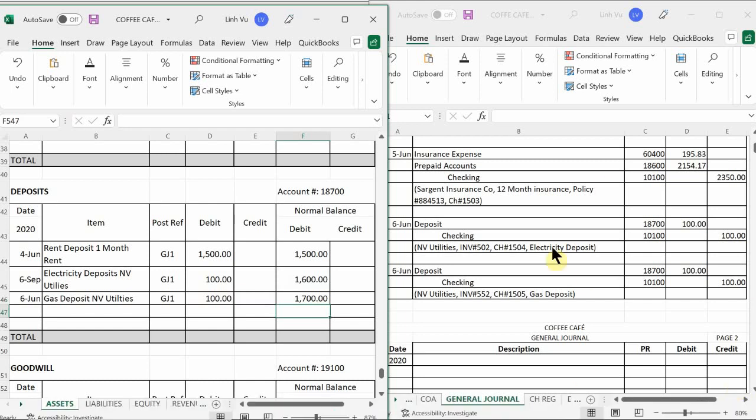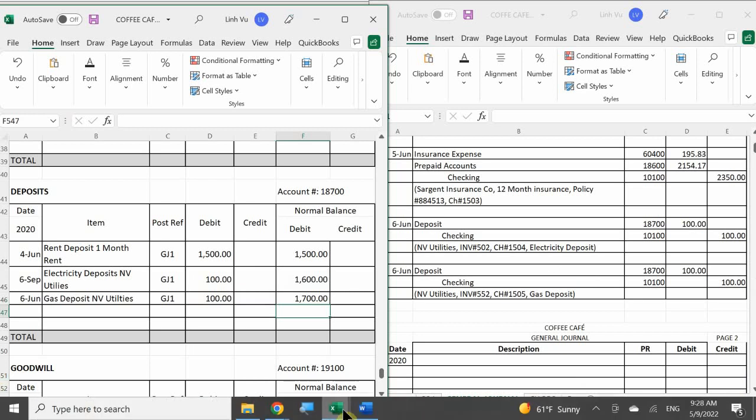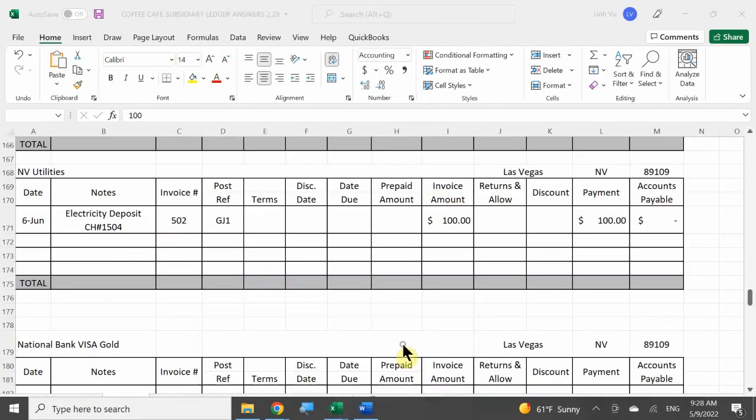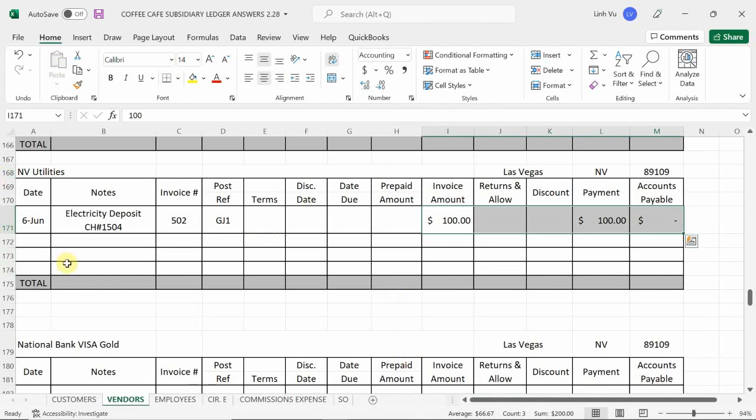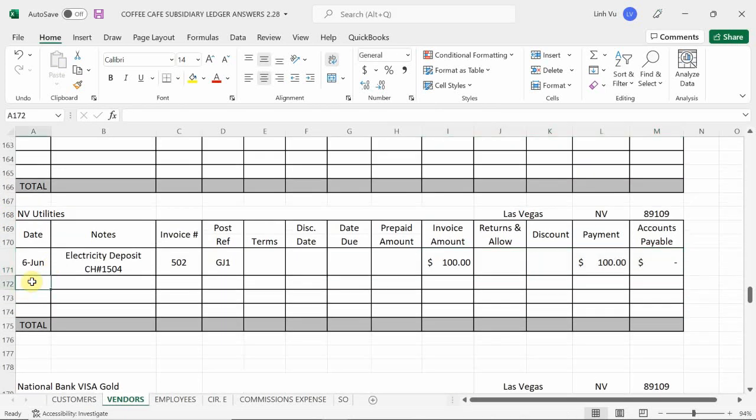So again, journal, ledger, and we also now need to update our subsidiary ledger because we need to make sure that when we run the heater, let's say I need it to boil some water, it's going to take away from the natural gas. We made a payment to NV Utilities for the gas deposit.